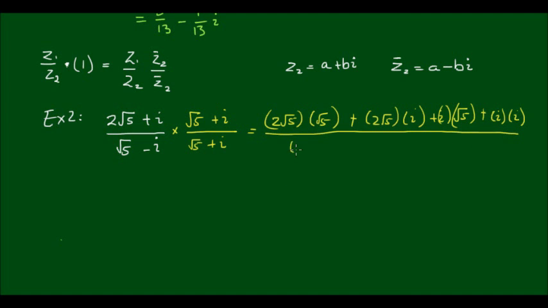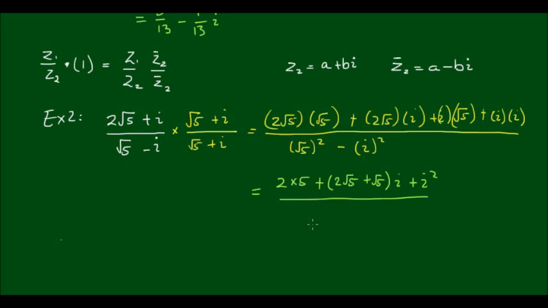This simply evaluates to root 5 squared minus i squared. And simplifying the top, I get 2 times 5, 2 root 5 i plus root 5 i plus i squared, all over root 5 squared is 5, minus i squared is negative 1, so it effectively becomes plus 1.